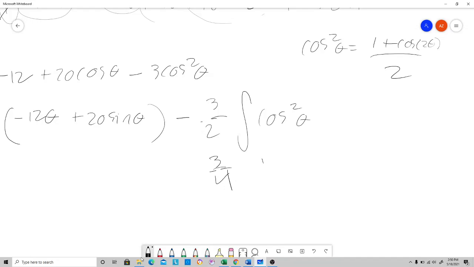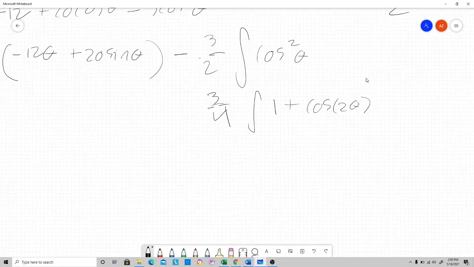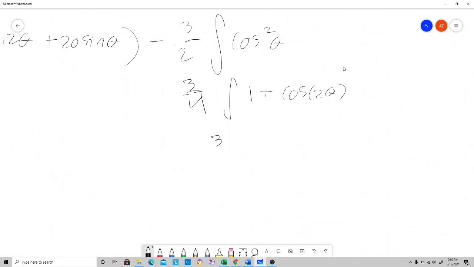A 4, and then it'll just leave me a 1 plus cosine 2 theta. Sorry, 2 theta. And now if I solve this, we're gonna have 3/4 theta plus, we do a u substitution in the 2 theta, so I'll just show you.